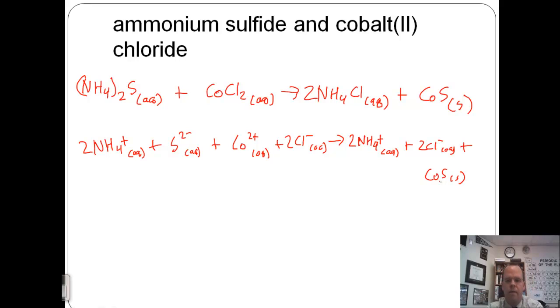So the cobalt-2 sulfide is a solid, so we leave that as a molecular compound. Now we're going to cancel out anything that's a spectator ion. So we'll have S2- aqueous plus Co2+ aqueous forms CoS solid. And that is our net ionic equation.